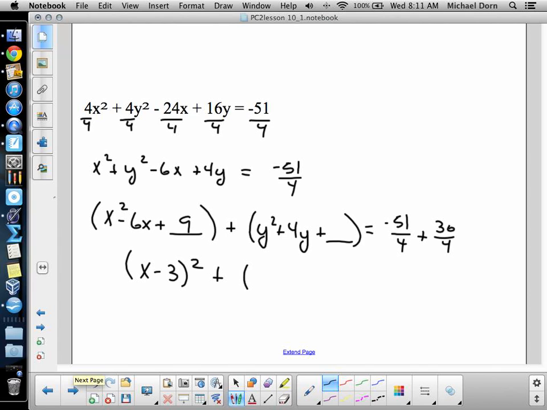Half of positive 4 is positive 2 squared. Positive 2 squared is 4, which would be 16/4. 36 and 16 is 52 minus 51. So my circle has center at 3, negative 2. Radius is the square root of 1/4, which is 1/2.